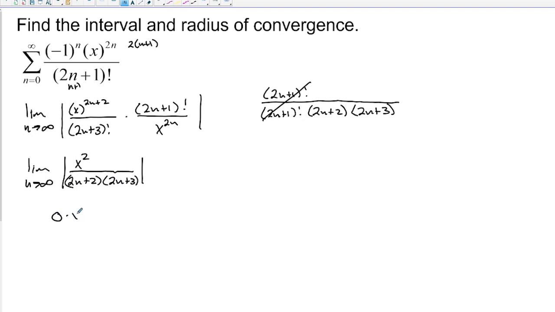We get 0 times x squared has to be less than 1. Well, 0 times anything is always less than 1. So the interval of convergence is from negative infinity to infinity, because anything works. And the radius of convergence is infinite. And that's what happens when you're left with all the n's just in the denominator.